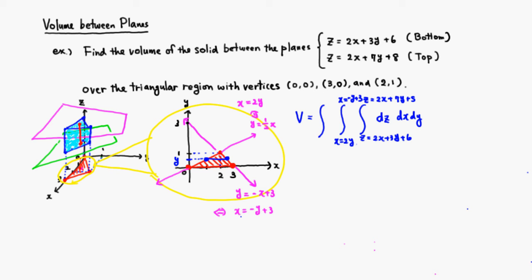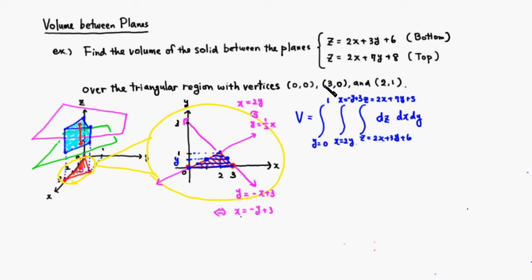After that, y starts from 0, which is this point, and increases to cover the entire triangular region up to 1. So y goes from 0 to 1. This is the triple integral.